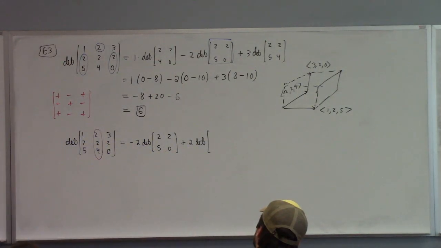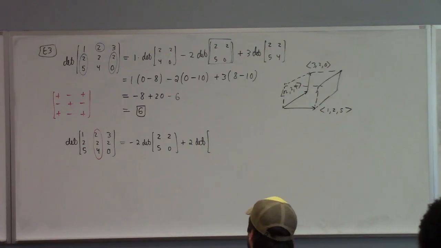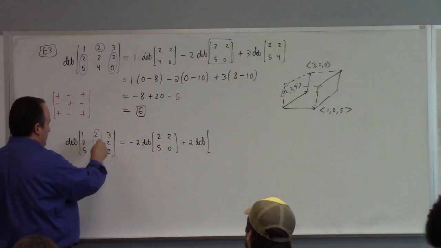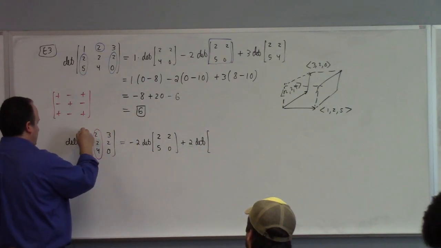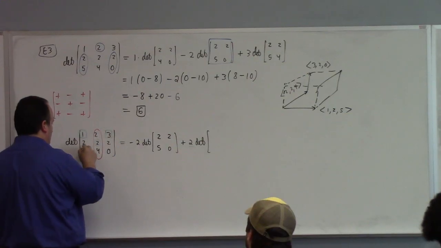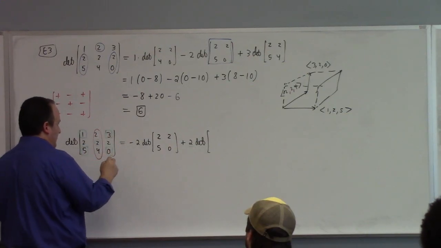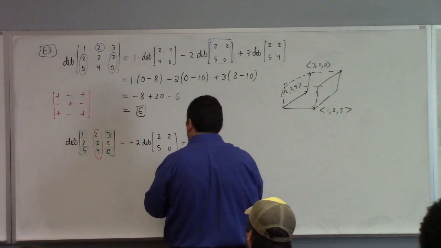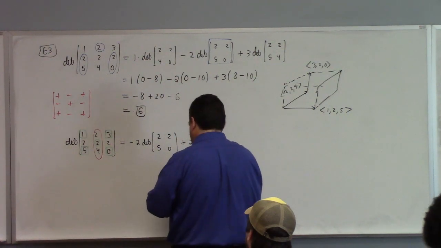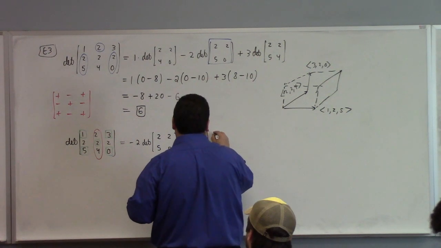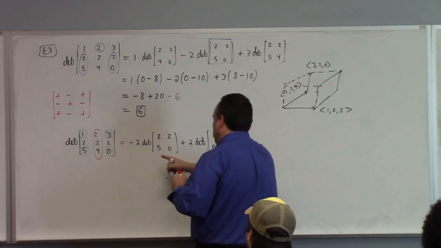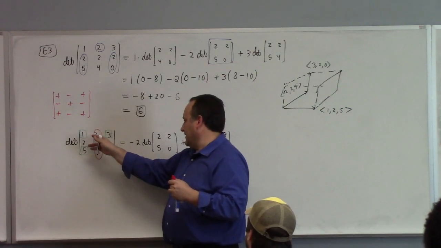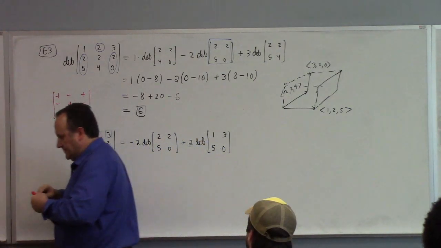Would you use the top and bottom row if you're using the middle row? Yeah, so this 2 here. Would it be 1, 3, 5, 0 for the first one? This 2 gives me those guys. So I've got 1, 3, 5, 0. This minus 2, that's the top, I'm expanding on the top 2 there.